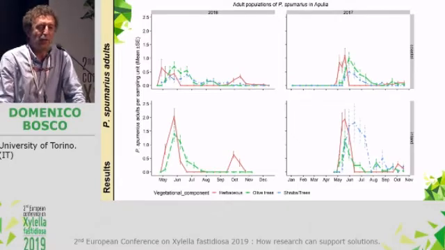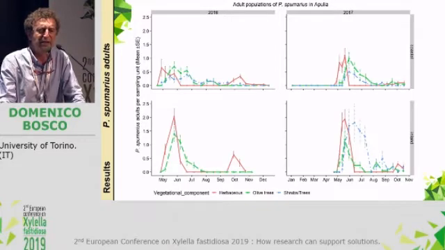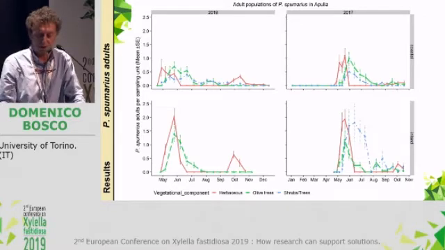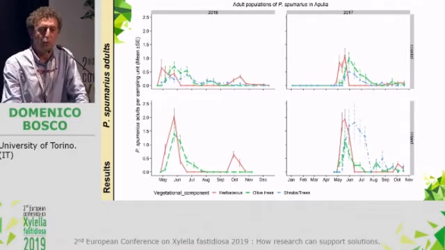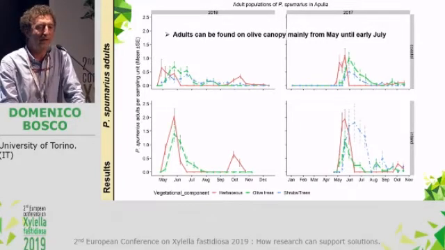As for the adult population, here you can see represented in red the adults of Philaenus spumarius that were collected on herbaceous cover, in green on olive, and in blue on alternative woody hosts. This is for the Apulia region, and we can see that adults can be found on olive canopy mainly from May until early July.